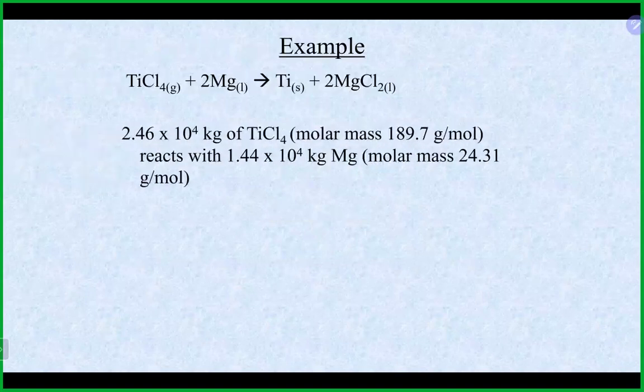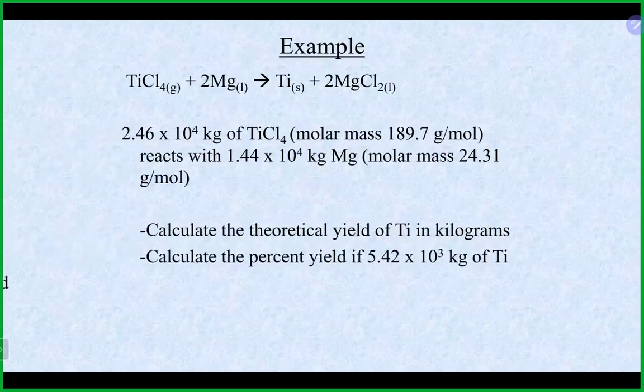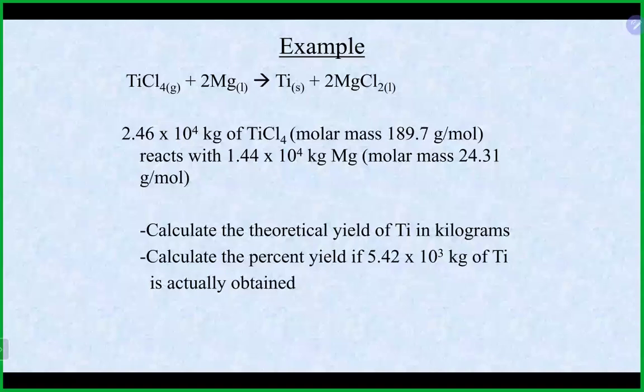All right, so let's try one here. Let's say we had 2.46 times 10 to the 4 kilograms of TiCl4. Molar mass is 189.7, reacts with 1.44 times 10 to the 4 kilograms of magnesium.